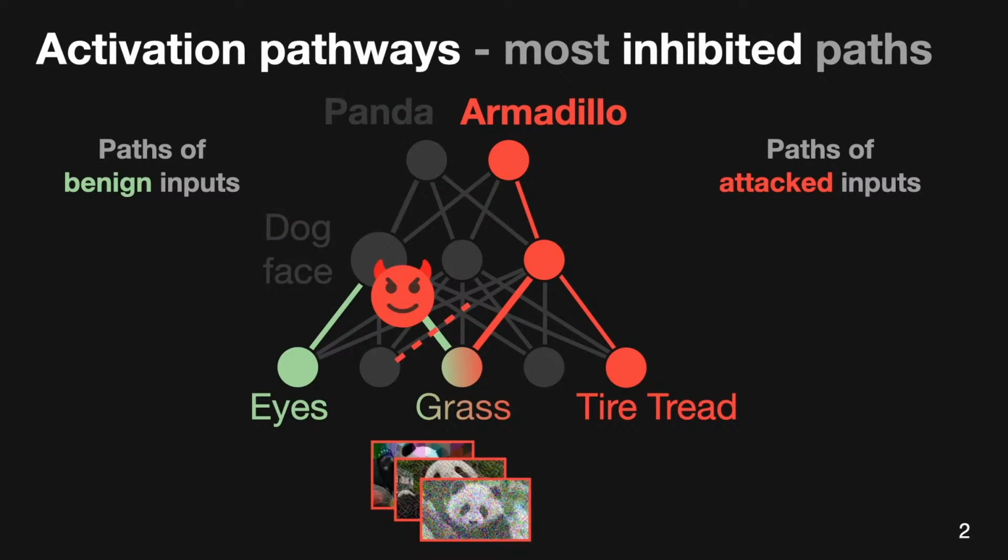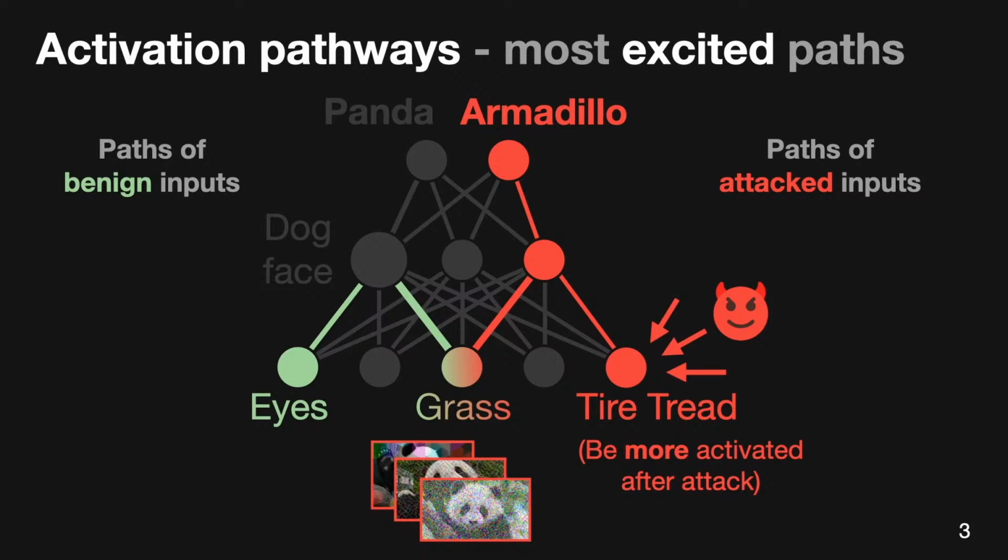BLUF also visualizes the most inhibited paths by the attack to uncover where the attack is blocking the signals to the benign path. Also, BLUF visualizes the most excited paths by the attack to uncover where the attack stimulates to induce the activation pathways going towards wrong directions.